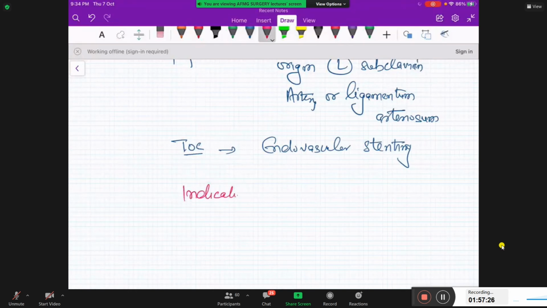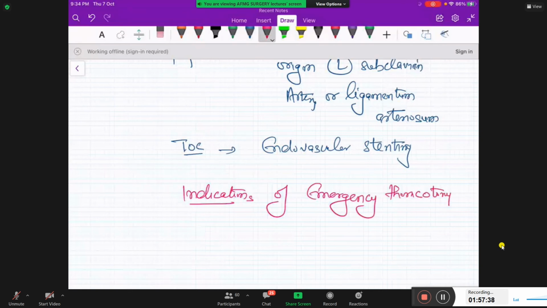Then comes indications of emergency thoracotomy in thoracic trauma. When will you do it? See, okay.